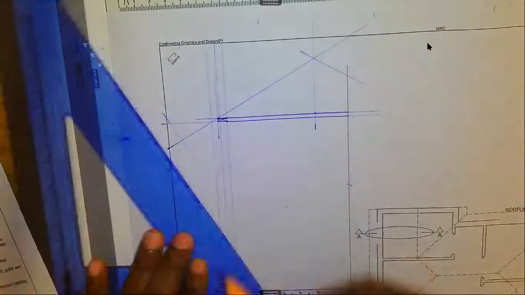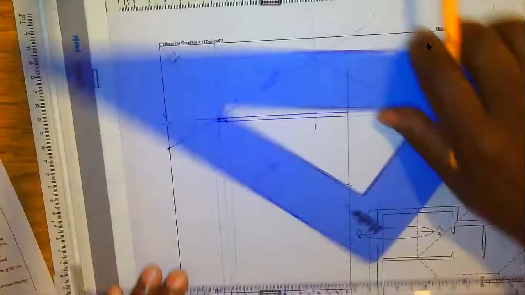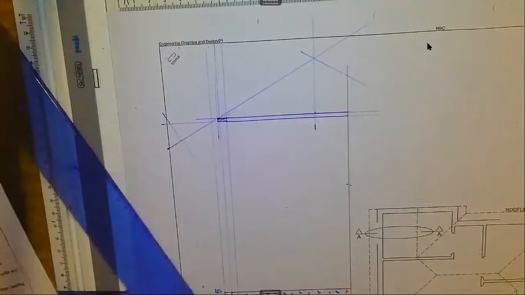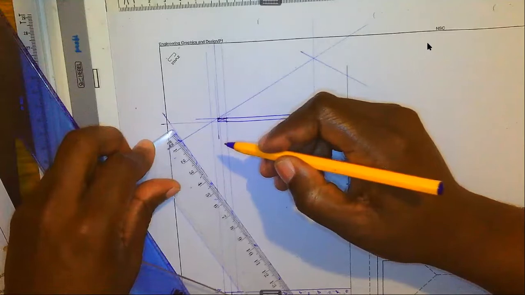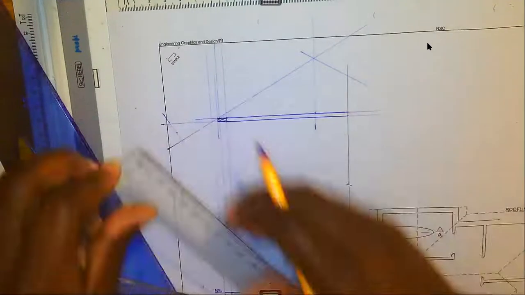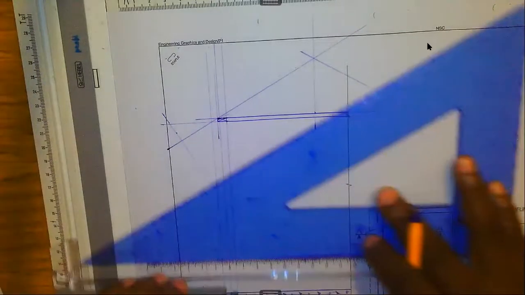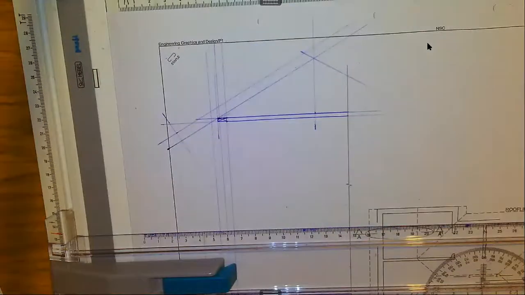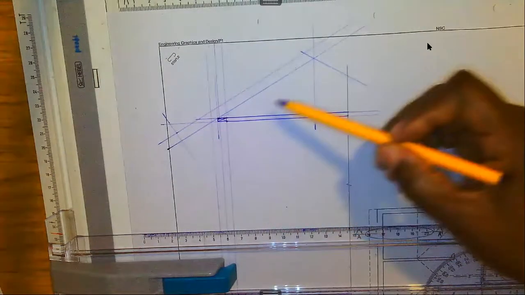You draw any line which is perpendicular anyway. If this is 30, complemented by 60, we create an angle of 90 degrees. So I'm going to measure 6 millimeters like that. That is the size of the rafter.